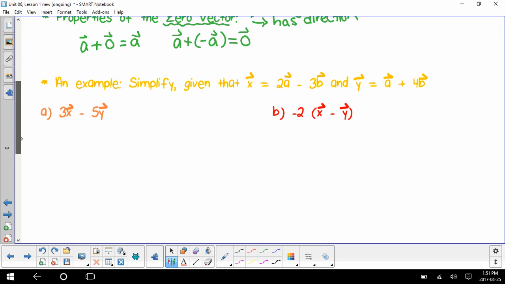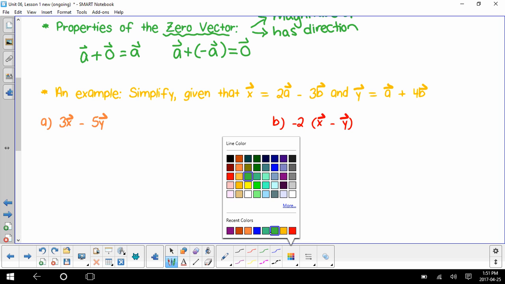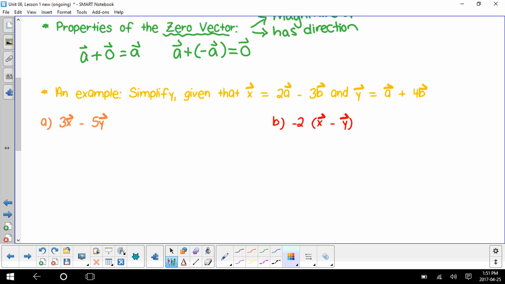We're just going to do a couple of examples so you can see that this really is just an extension of some rules that you are really used to. So in our example here in yellow, we're going to simplify given that we know vector x is 2a minus 3b and vector y is a plus 4b. We are actually just going to replace vector x and y with their new vectors.